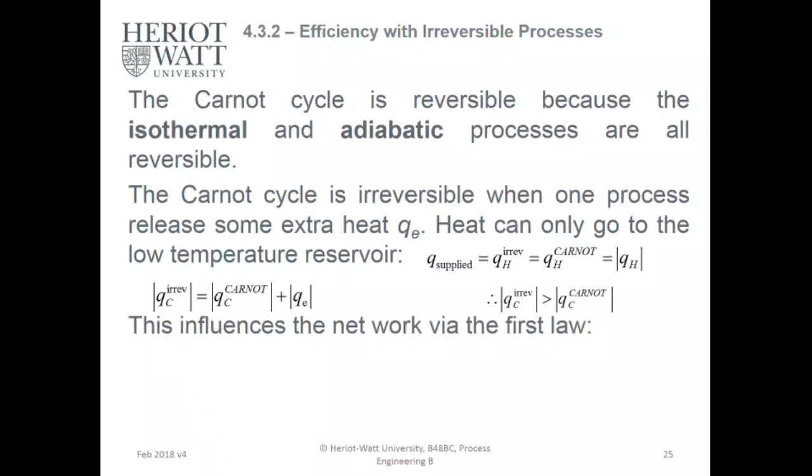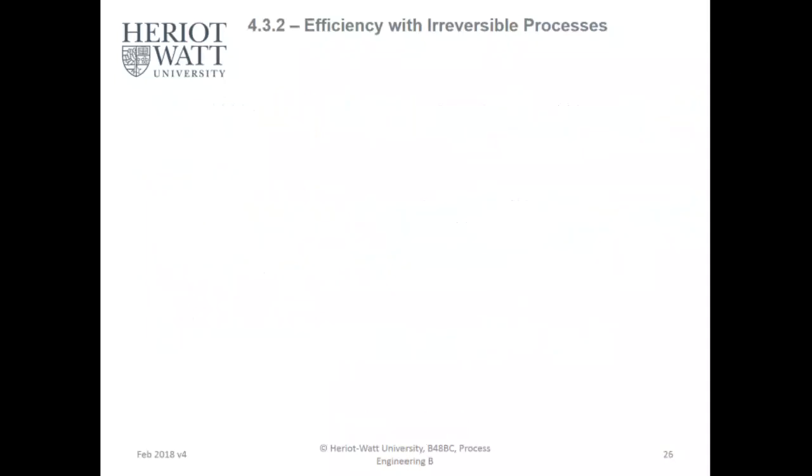This influences the net work by the first law. So the net work of the irreversible process equals the QH of irreversible minus the QC of irreversible. Exact same process. And QC of irreversible is larger than QC of Carnot.